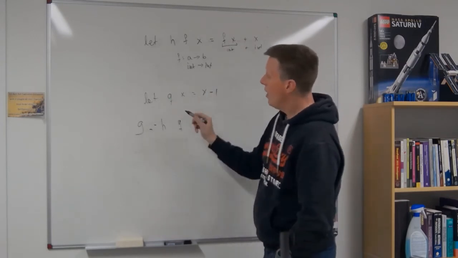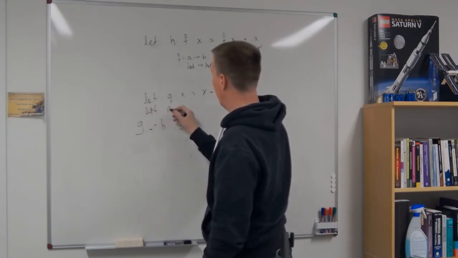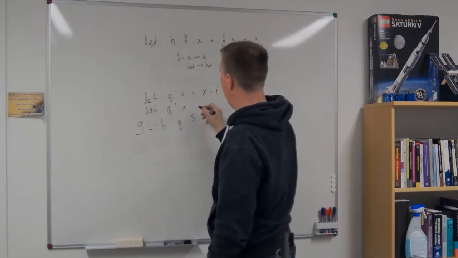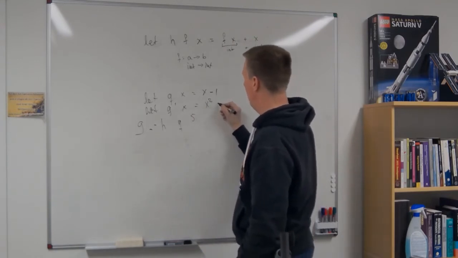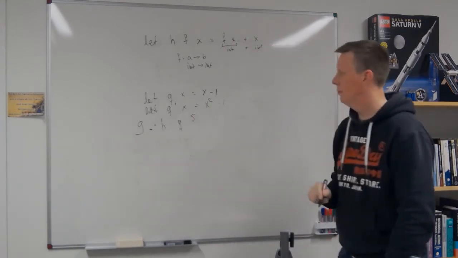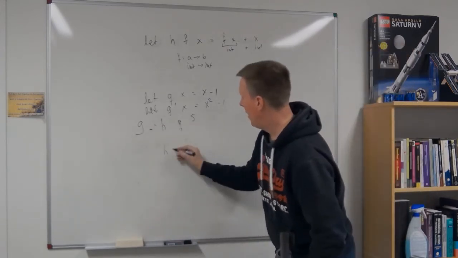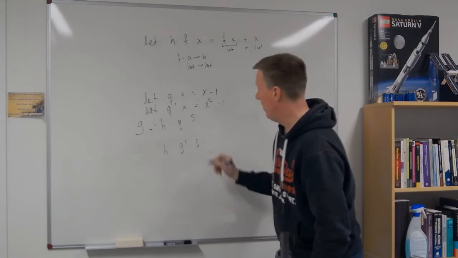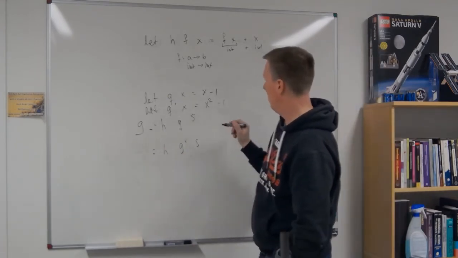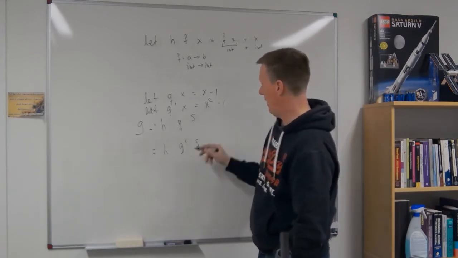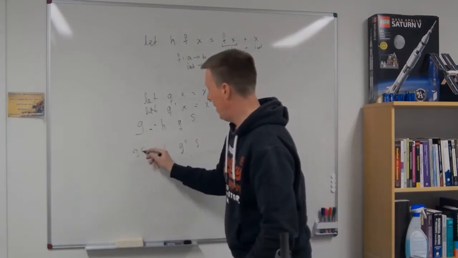And of course, what I can do now is create a new function, let q prime of x be x squared minus 1. And then I can just call age with q prime and 5, and that would be 25 minus 1, which would be 24, plus 5, would give me 29.